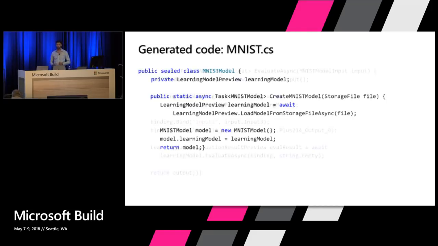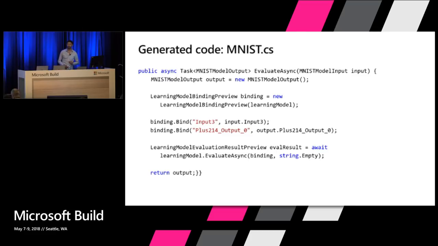Once I have this model loaded, I can call evaluate to actually start getting answers to my question. You'll notice one new concept in this slide, something called bind. In order to feed your application inputs into a machine learning model, you need to wire them up. We do this by binding.